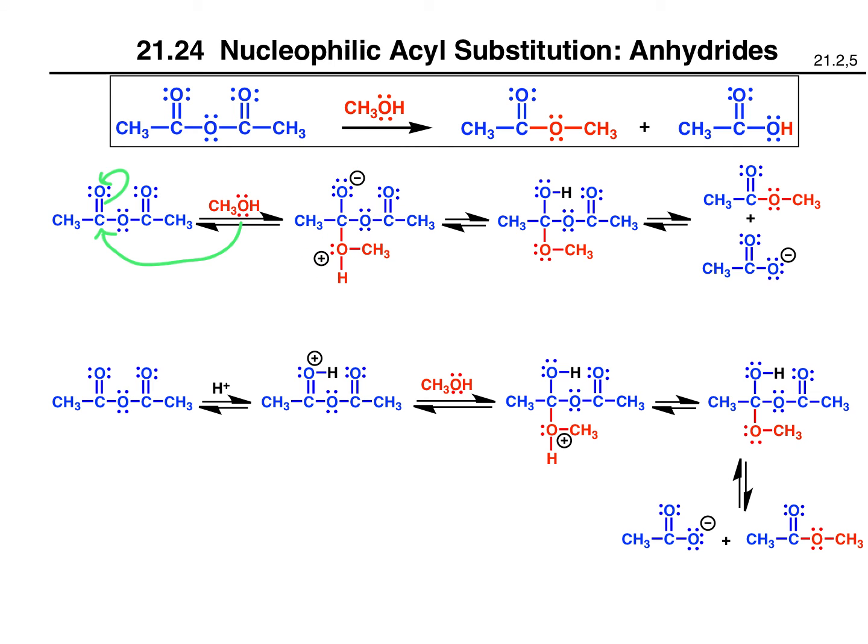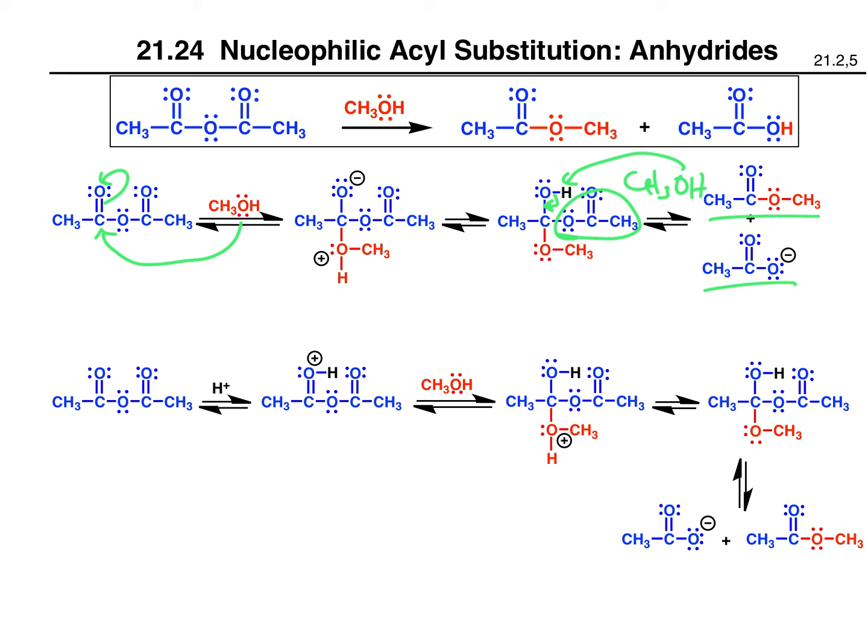That's not really common, but let's just go with it for a minute and imagine we're going to have some proton transfers so that we get both of these neutral. And then alcohol, for example, can act as a base, grab off this proton, push these electrons back in, kicking out this guy as the leaving group to give us the ester plus the carboxylate.